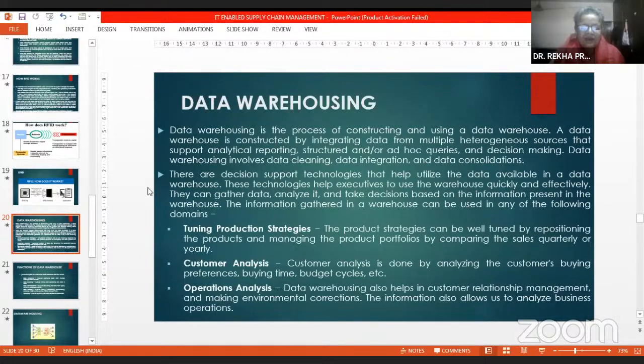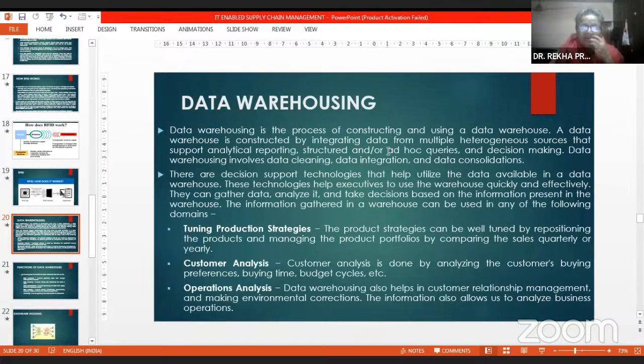Okay. Then I'll continue. Data warehousing. Data warehousing is the process of constructing and using a data warehouse. A data warehouse is constructed by integrating data from multiple heterogeneous sources. So it is just like a warehouse. Only thing over here, data is stored.